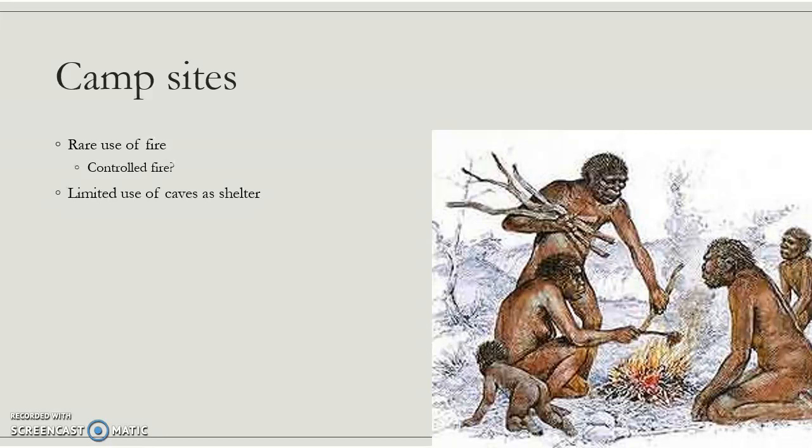Maybe we're harnessing some wildfire and moving really hot pieces of charcoal to start a secondary fire somewhere. In that way it may be controlled, but we don't actually see evidence of being able to create a fire from scratch.